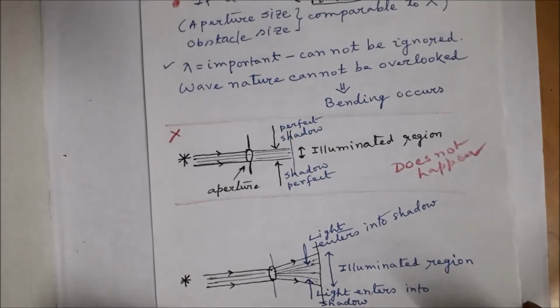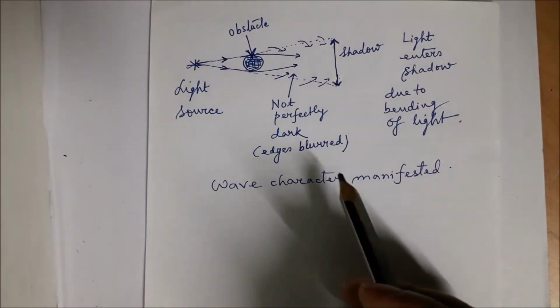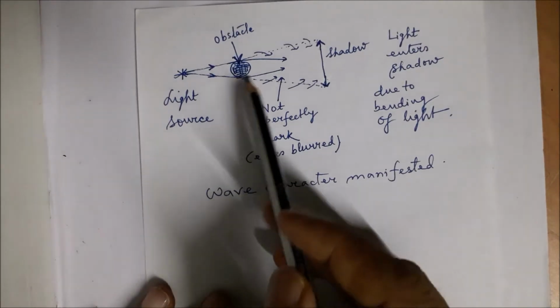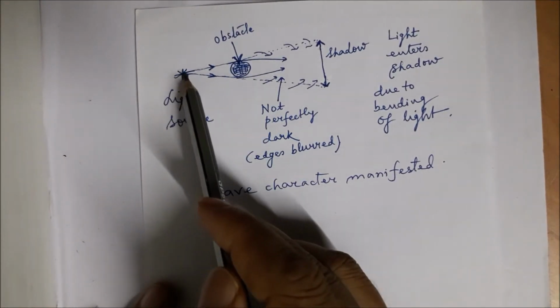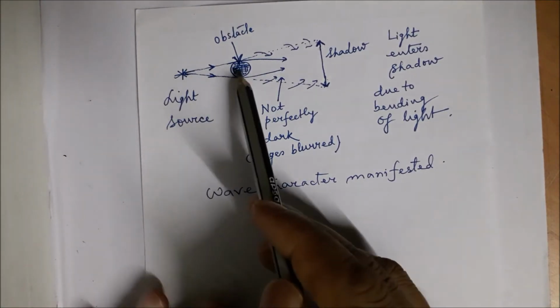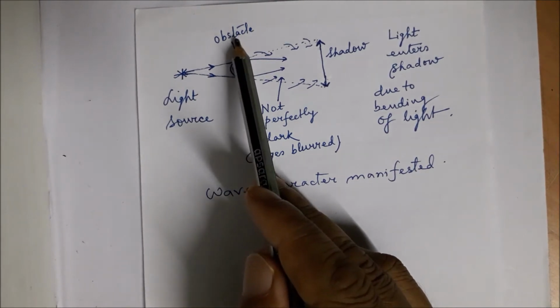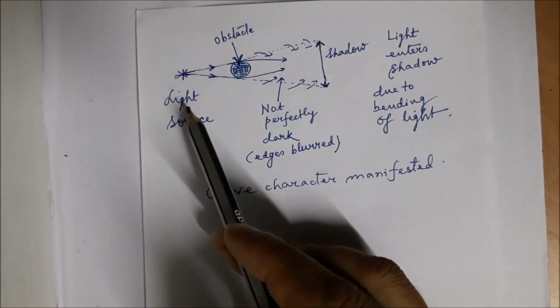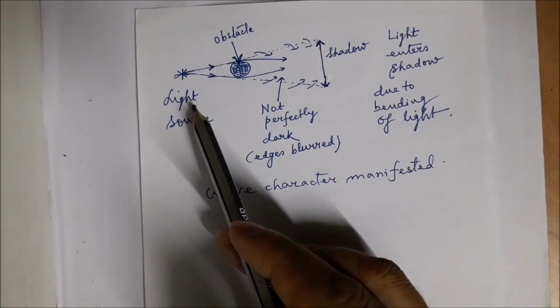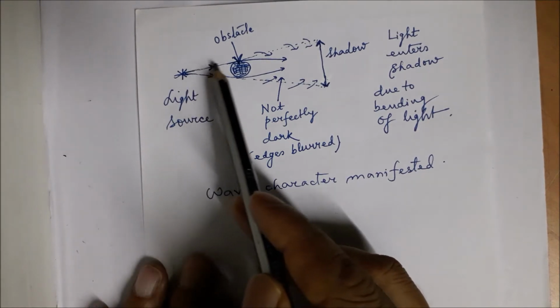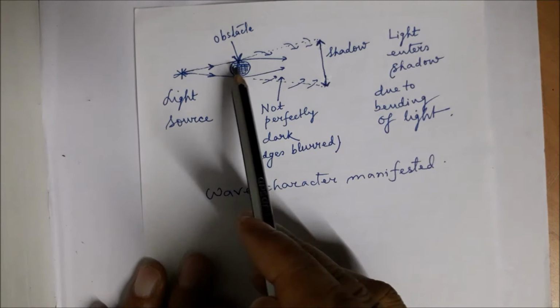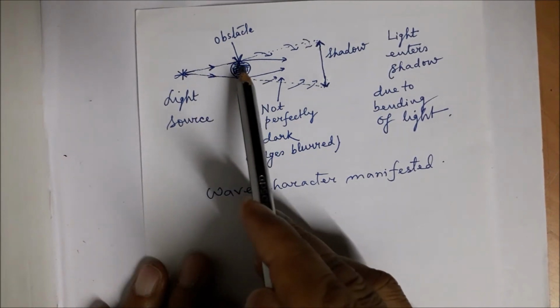Let us consider a similar diagram here where we have shown an obstacle. So light from the source encounters an obstacle which has a dimension of the order of the wavelength of light. In that case, light will bend as it tries to negotiate the obstacle.